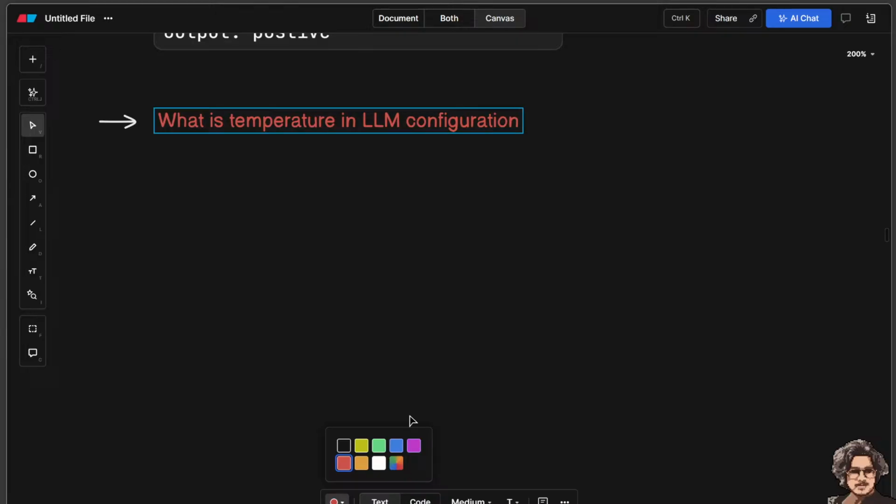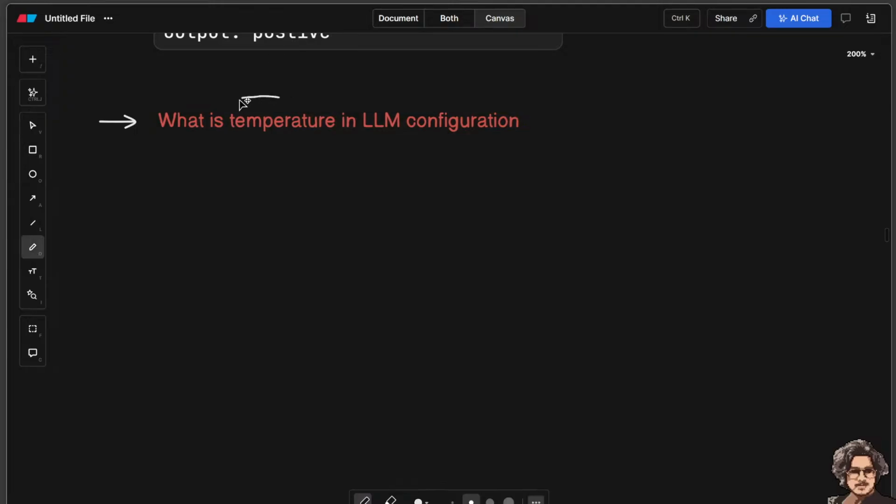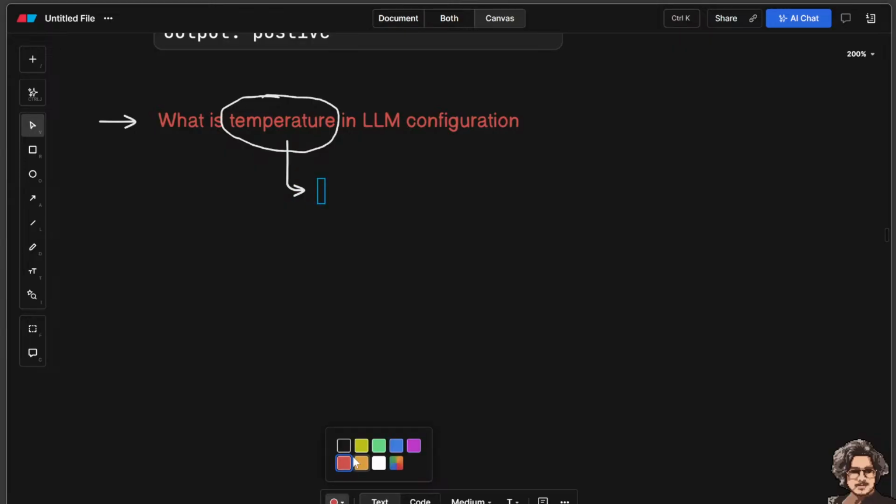We can say that temperature controls the randomness of the output.